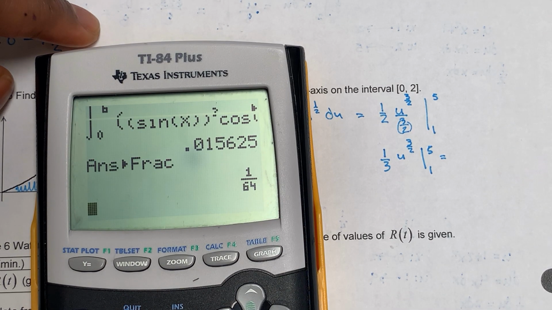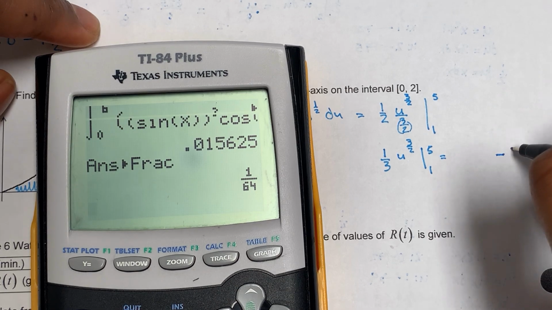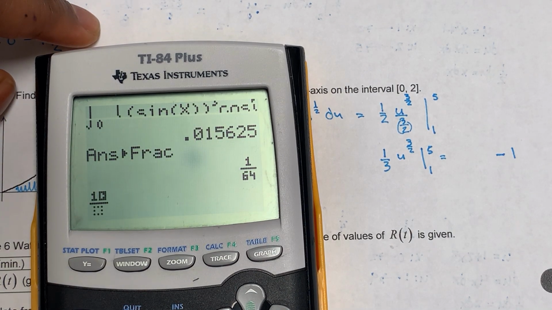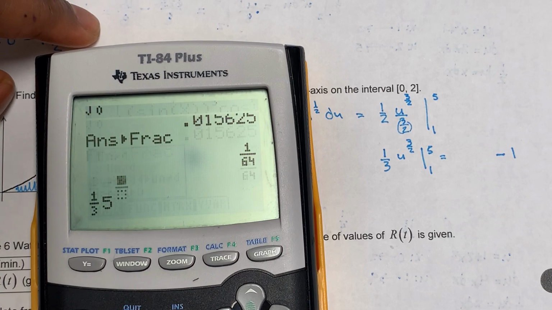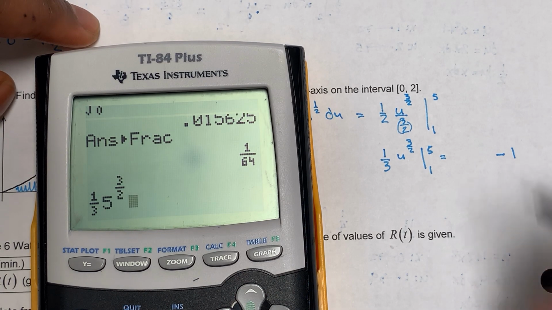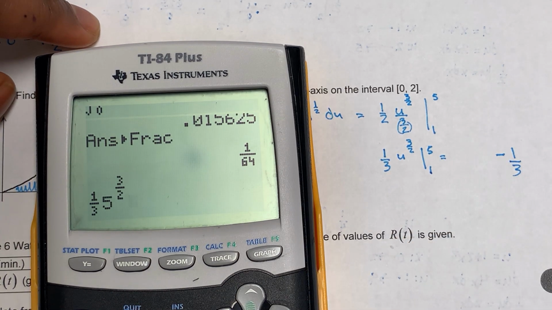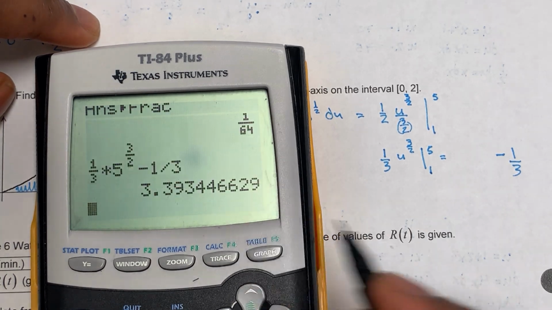When we substitute in 1, we'll just get 1/3. So we have 1/3 times 5 to the 3/2, minus 1 divided by 3.